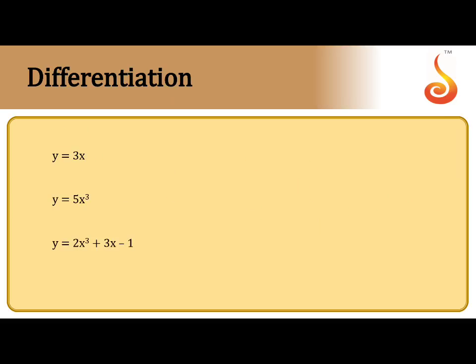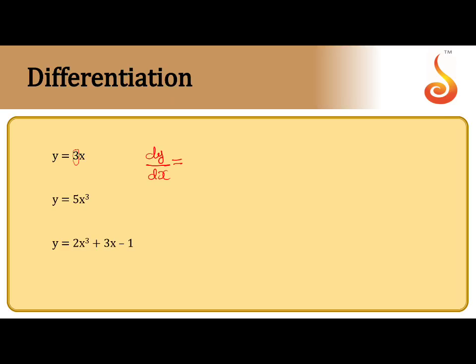Let us take for example y equal to 3x. We have done x, x square, x cube, etc. Here I have 3x. Now how do I do this? Your dy by dx, don't go under the impression that 3 is a constant, the differentiation of that is 0. If only 3 was given, differentiation of 3 is 0.